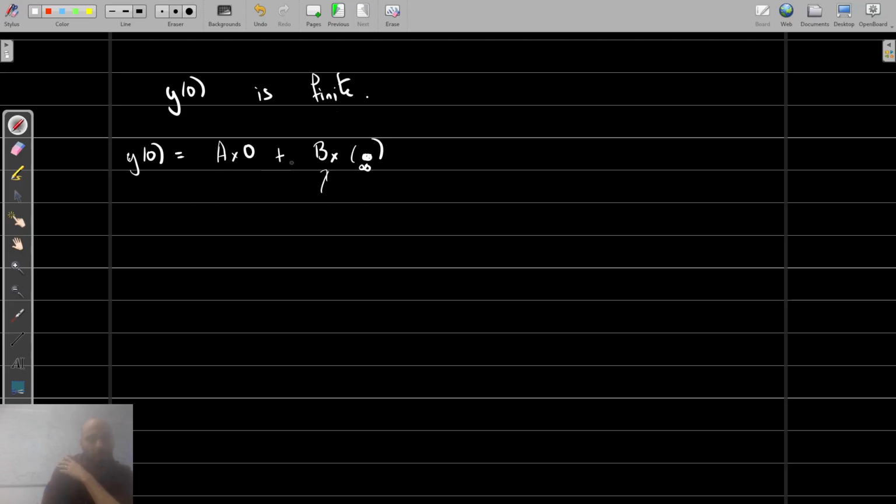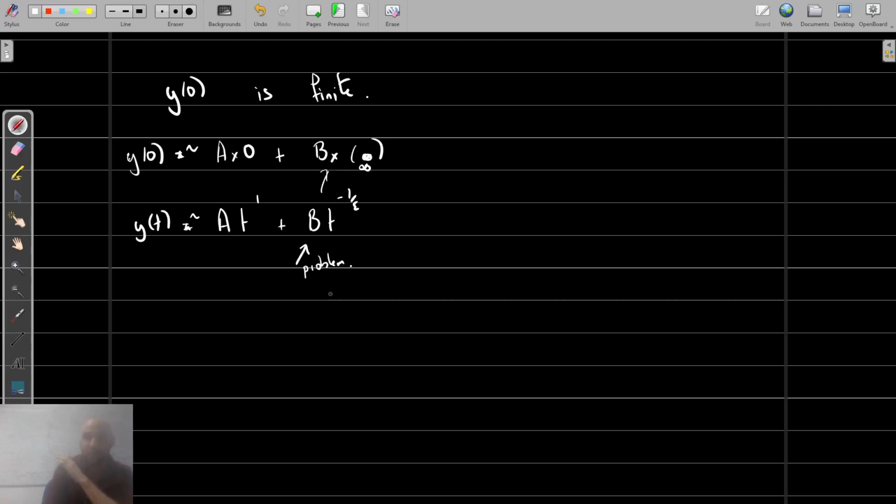Let's remind ourselves of the expression for y of t. I shouldn't say equals here, I should technically say twiddles. So it's got a t to the 1, b t to the minus 1 over epsilon. And this is the bit that's giving me some problems, this b t to the minus 1 over epsilon.